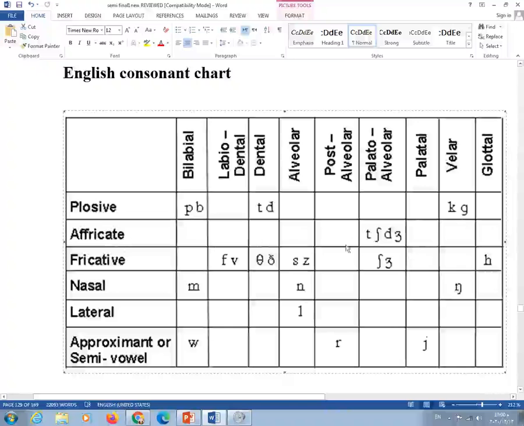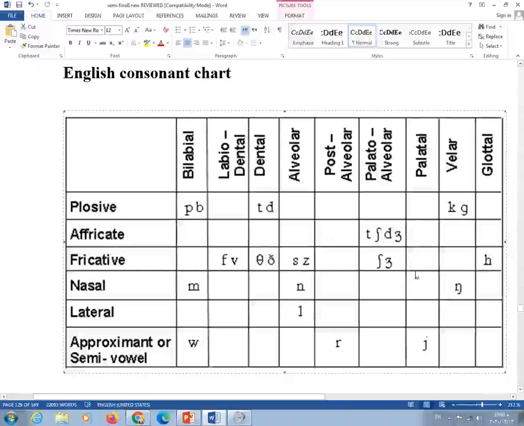Fricatives: we have f, v, s, z, sh, zh and h. Nasal consonants: m, n and ng. Lateral consonant: l. And finally approximant or semi-vowel consonants. We have three: w, which is bilabial, r, which is post-alveolar, and y, which is palatal.